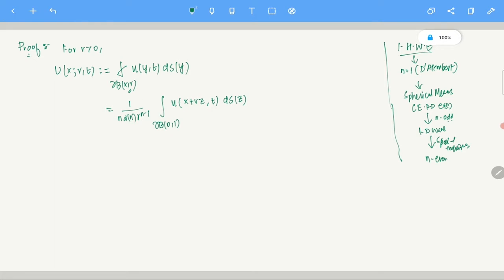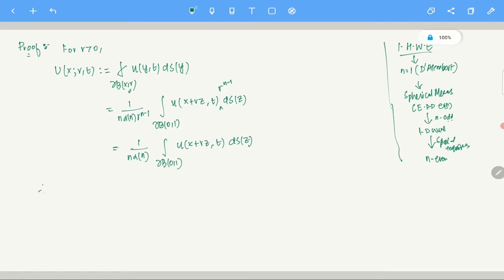I'm just changing this boundary to the unit boundary. Once I do this, there is the r power n minus 1 here, and that r power n minus 1 is getting cancelled. So I will be left with n alpha n times the integral over del B(0,1) of u(x plus rz, t) dS(z). Clear? This is what we have.